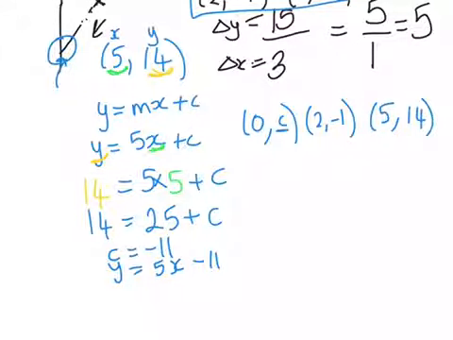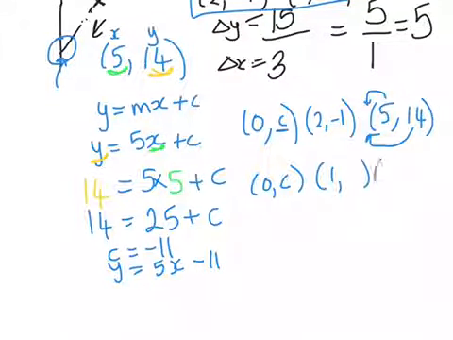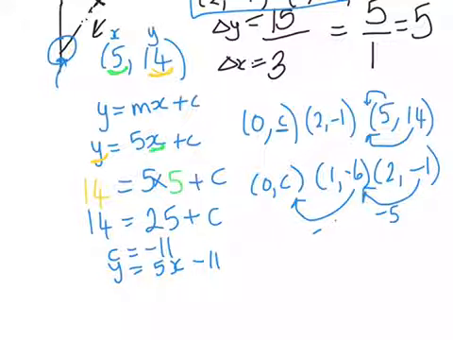Every time you go down 1 here, because it's the gradient, you go down 5 that way. So if I had 0, c, I don't know what that is, but I'd have 1, something, and then I've got 2, -1. So here I go -5, and that gives -6, and here I'd go -5 again, which gives me -11, which is the same as this.